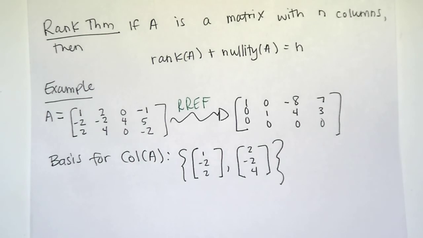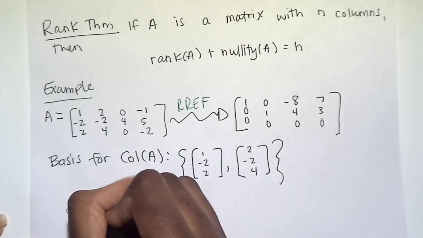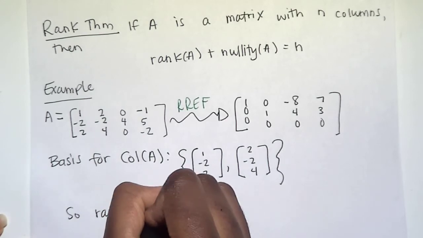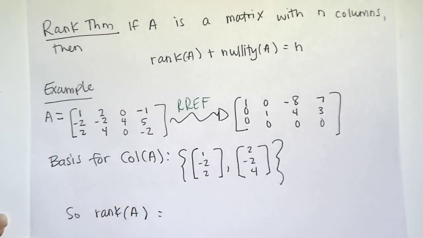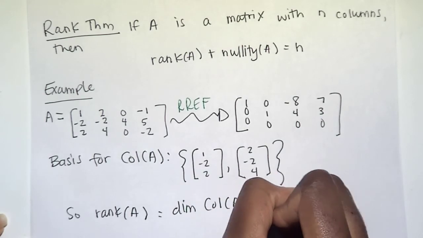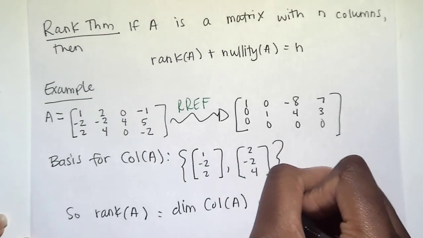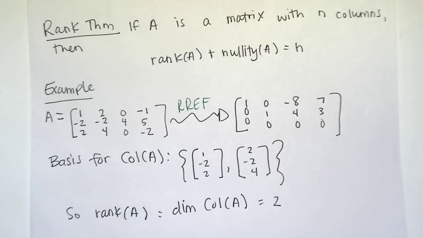And then you can just simply count. How many things are in the basis? There are 2 things. Well, that is the rank of A. Same as the dimensions of the column space, which is the number of linearly independent columns of the column space. And the answer is 2.